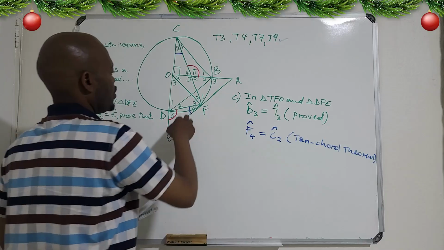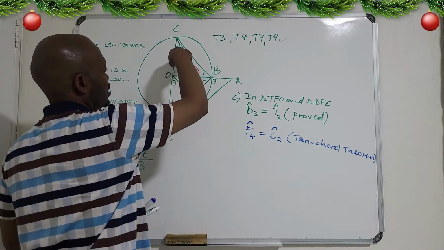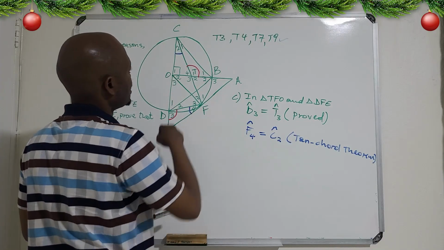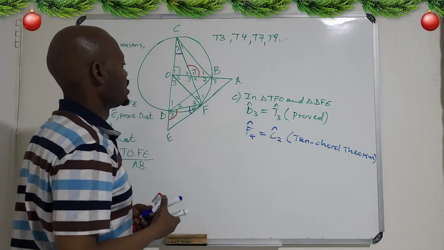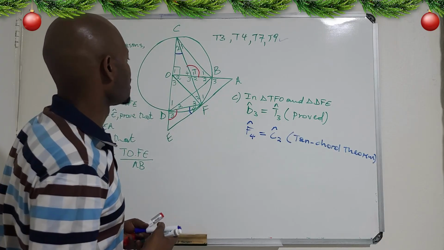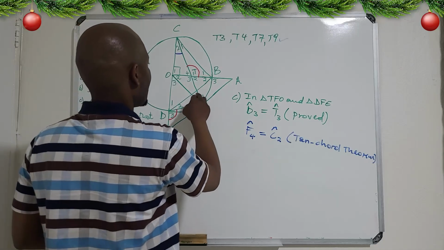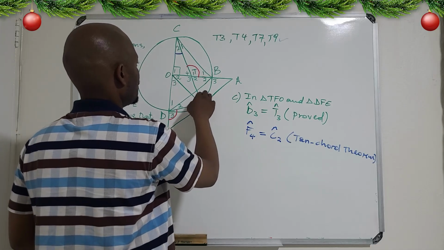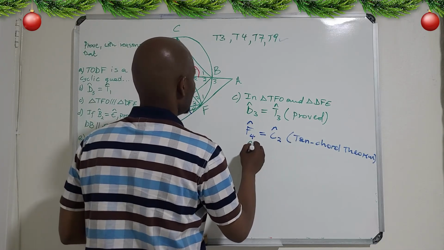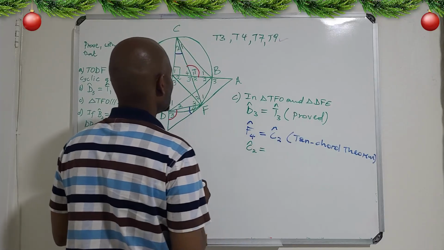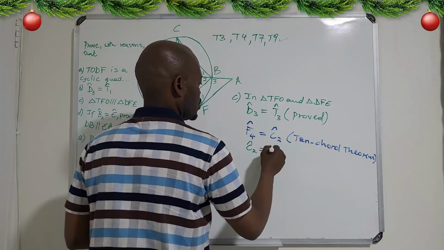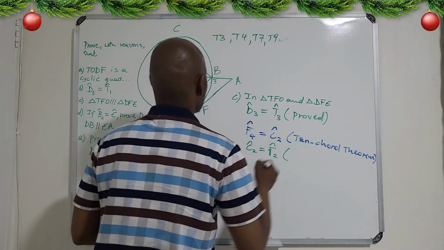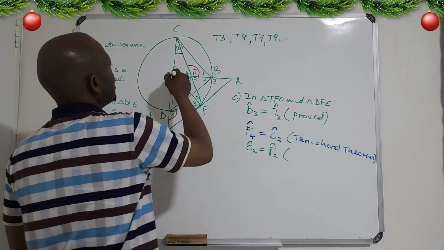Now, this angle is equal to that angle, meaning that this angle here is going to be equal to this angle there, which is F2. Angle C2 is equal to angle F2. Reason?